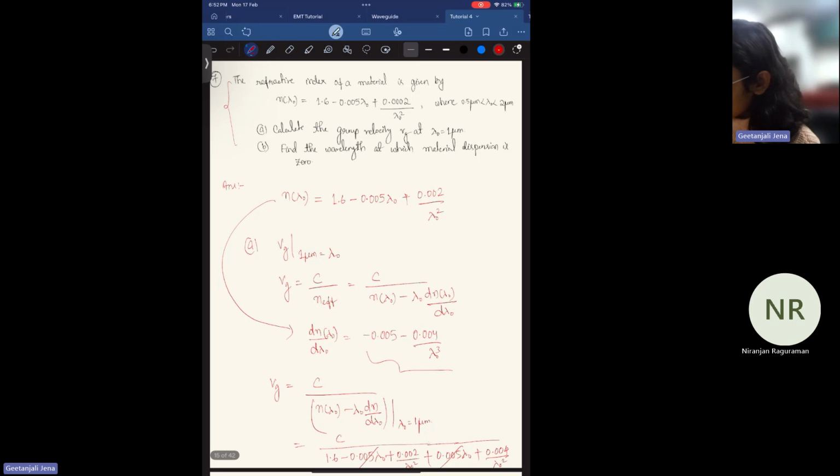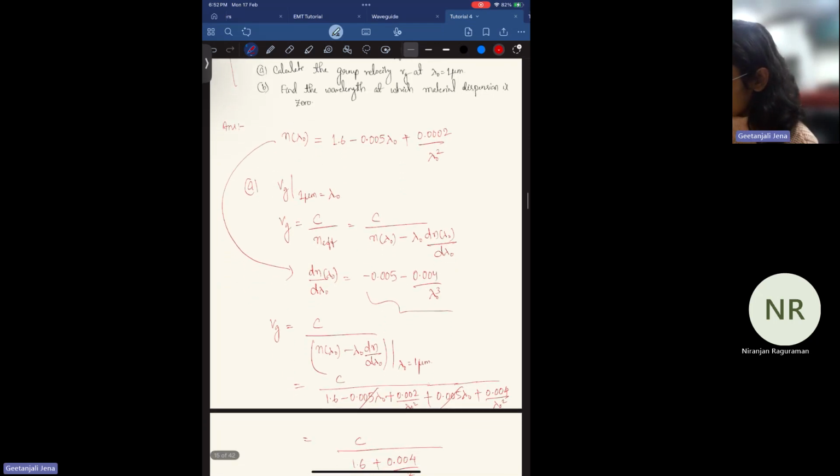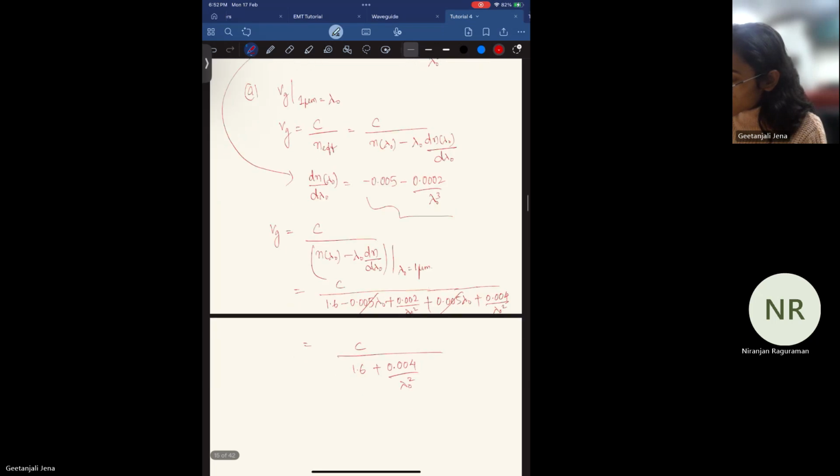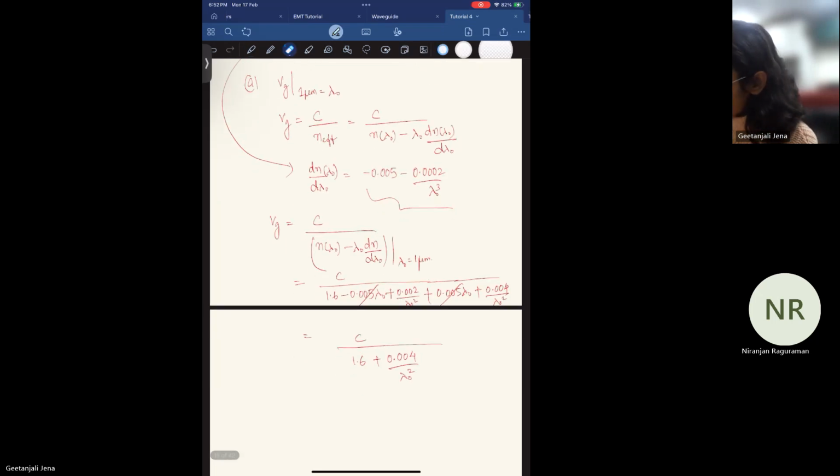Here, it's not 0.002, this is 0.0002. So that means this is 0.0002 lambda 0 square.